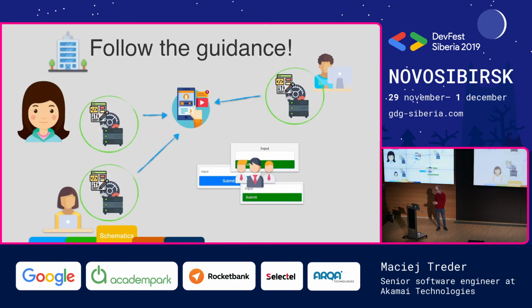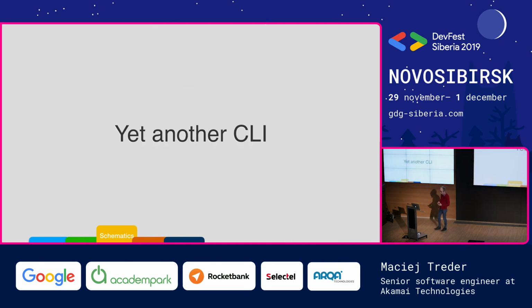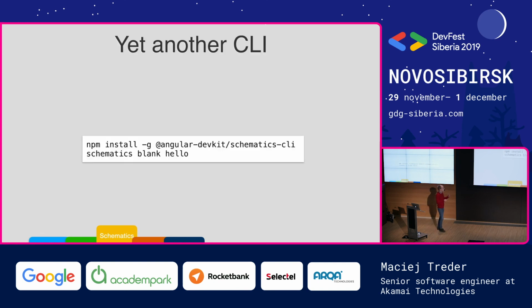So let's move smoothly to the second use case, which I think would be more often used by most developers. Following the guidelines, for this purpose the Angular team created yet another CLI. I'm showing this CLI right now because I didn't find an easy way to use it with an existing library.